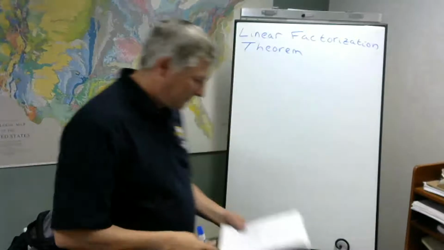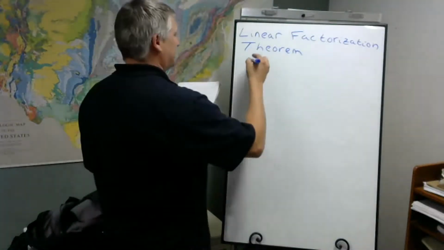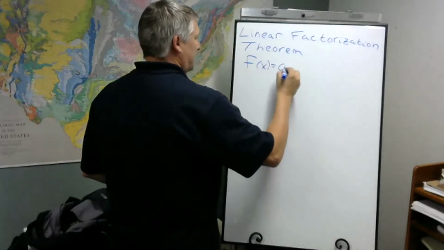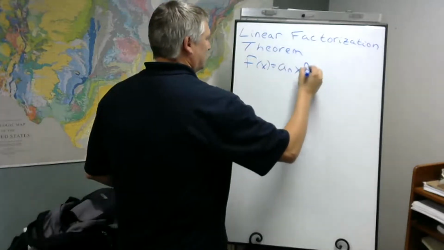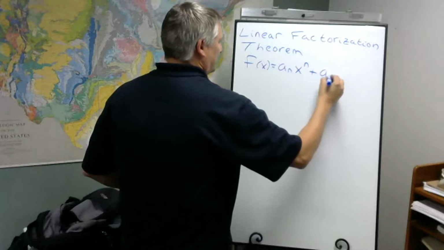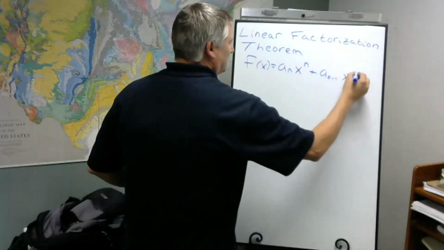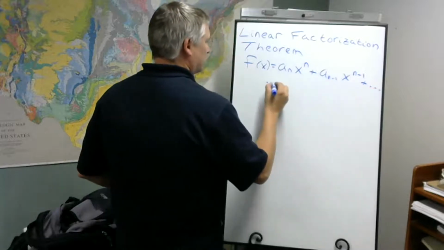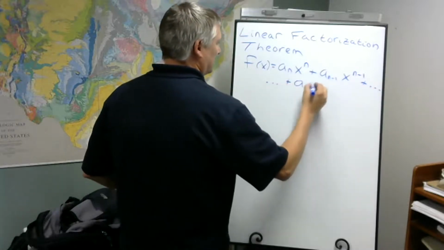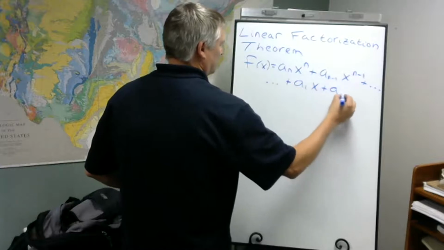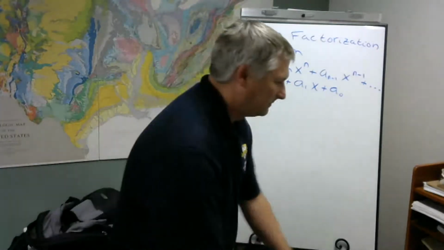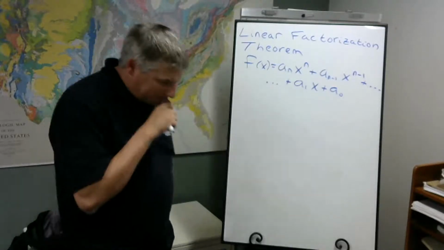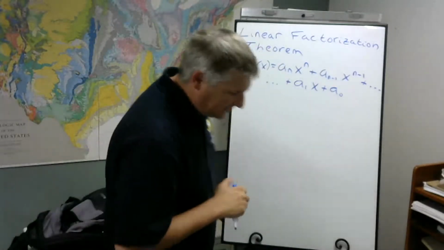So what it says is this. Now let's go back. Let's recall that our basic form is a_n x^n plus a_(n-1) x^(n-1), something like this. Well, what we're going to say is this.